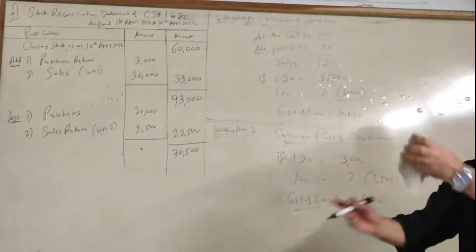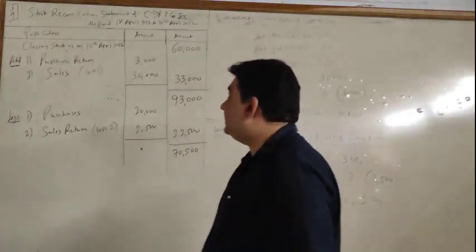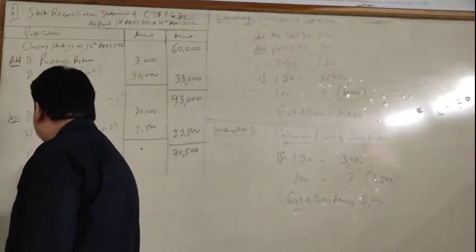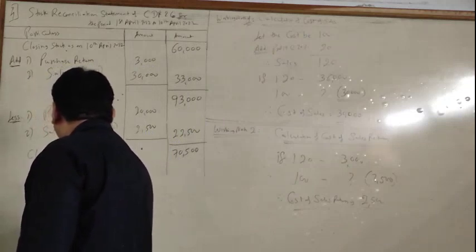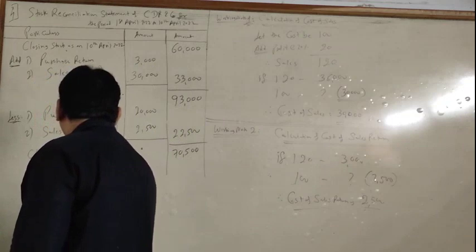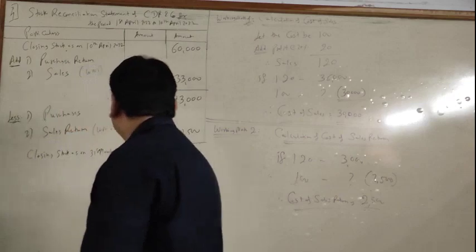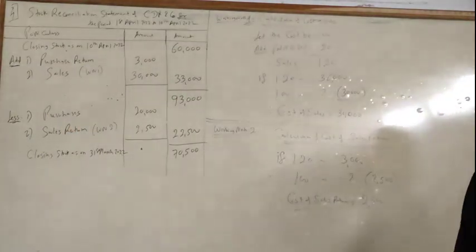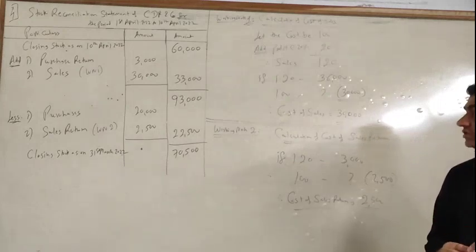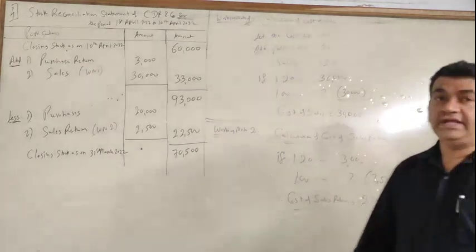Clear? And this 7,500 will be my closing stock as on 31st March 22, 7,500.